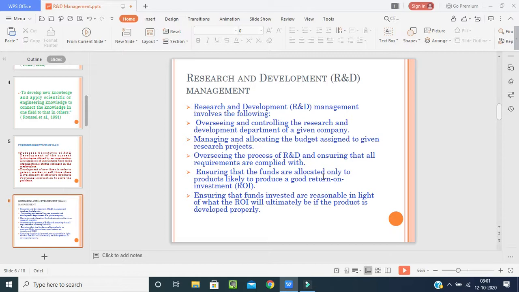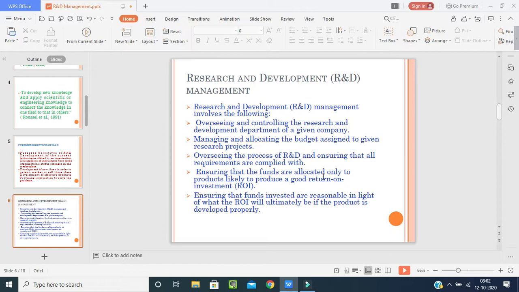Another thing, last thing, they will ensure that funds invested are reasonable in light of what the return on investment will ultimately be if the product is developed properly. So what they are saying, experts are saying that whatever funds are invested by the company should come back in a reasonable light. That means the funds should be used by the company in a reasonable light, focusing on the proper product or proper thing or service, whatever it may be, and in return we have to get the return on investment ultimately.